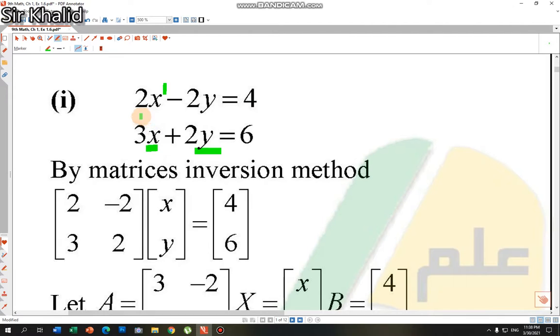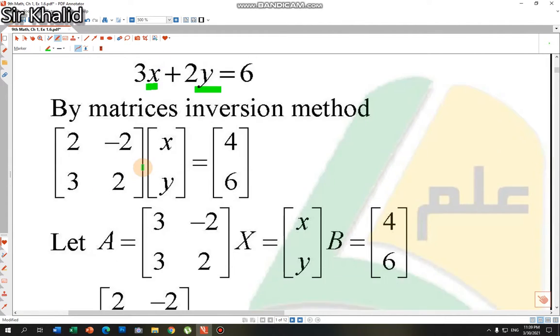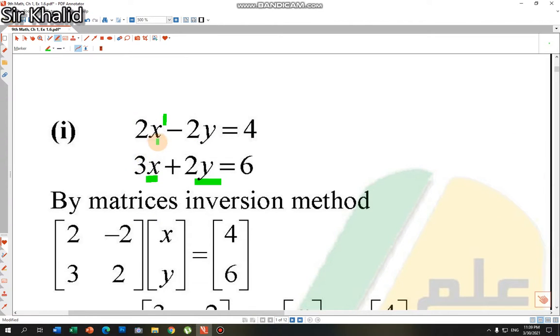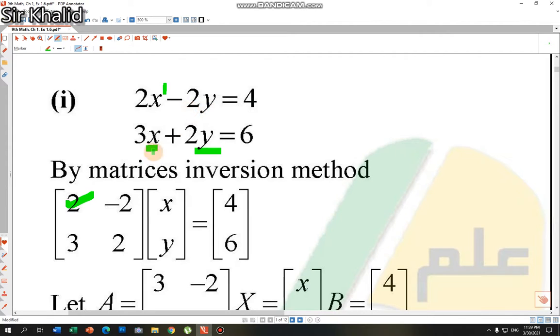So you are given here two equations, 2x minus 2y is equal to 4 and 3x plus 2y is equal to 6. You have to transform them first into matrix form. Perform this step. Write all the coefficients of these variables to form a matrix like this. The coefficient of x is 2, the coefficient of y is minus 2.